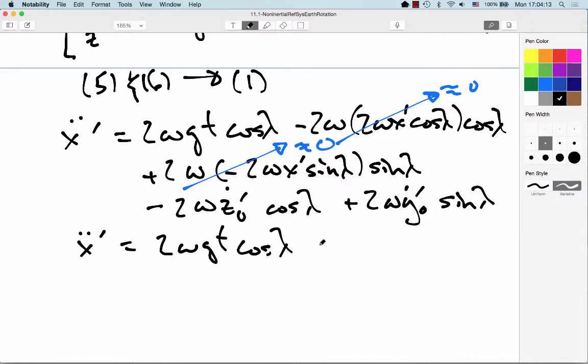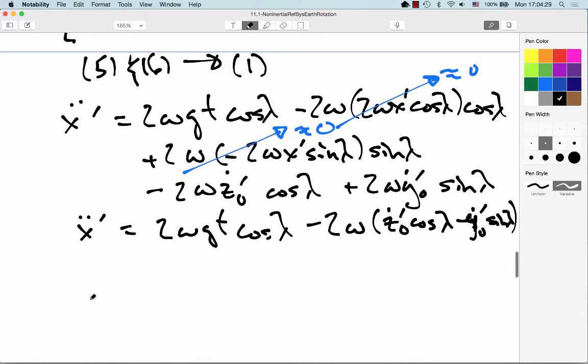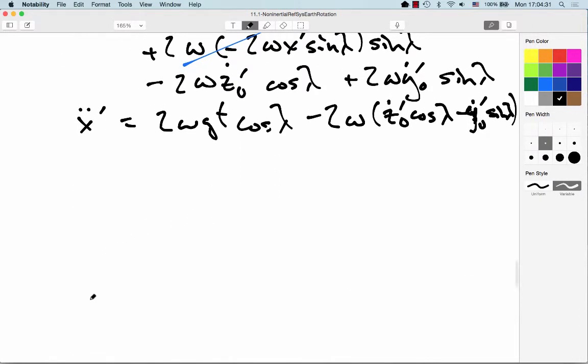And we can do a little bit of grouping. Minus 2 omega times z naught dot prime cos lambda minus y naught dot prime sine lambda. All right, now we can go ahead and take that puppy and integrate it twice.